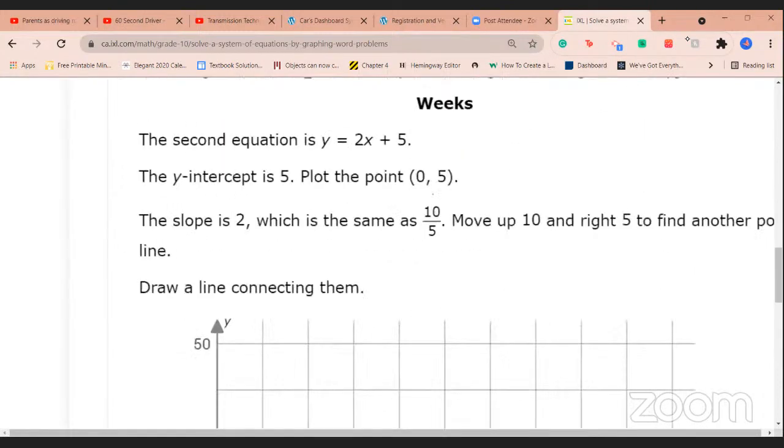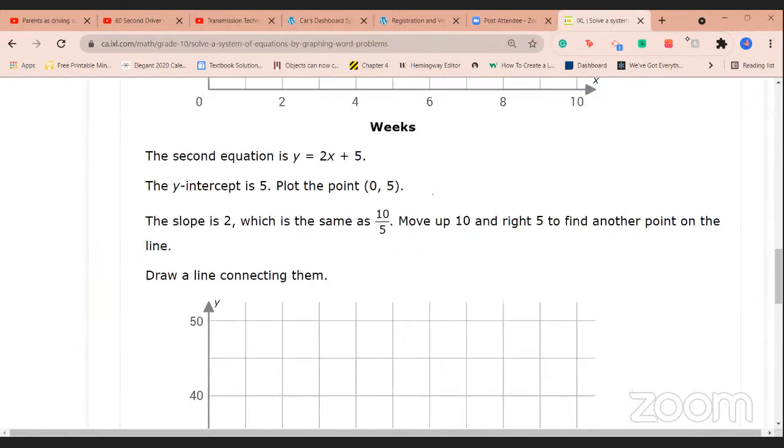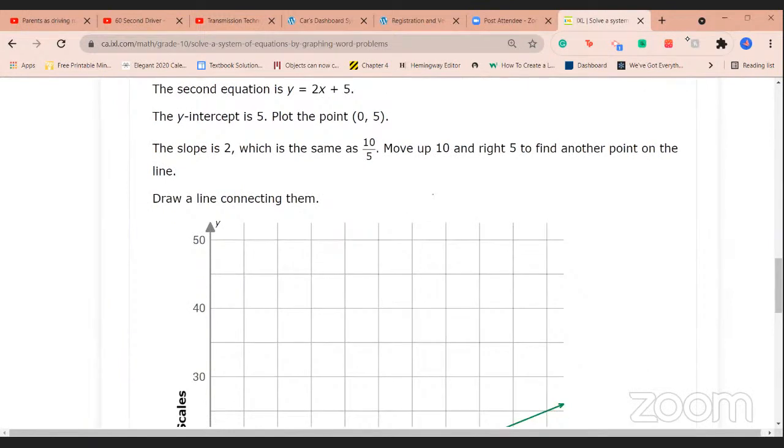Yeah. So the second equation, would you like to explain what they did here? They did the same thing. Yeah, so the y-intercept, they made 0, 5, and then the slope is 2, which is the same as 10 over 5.